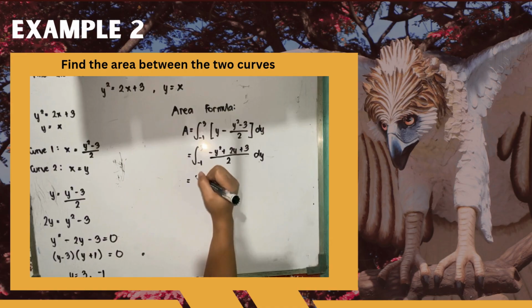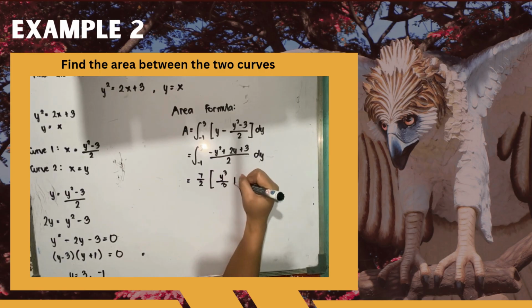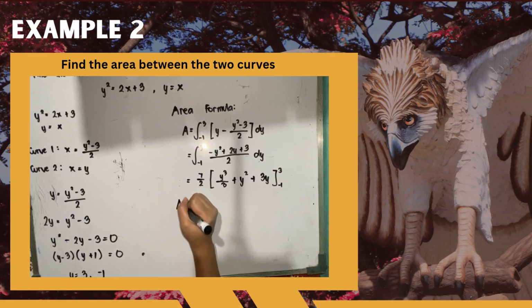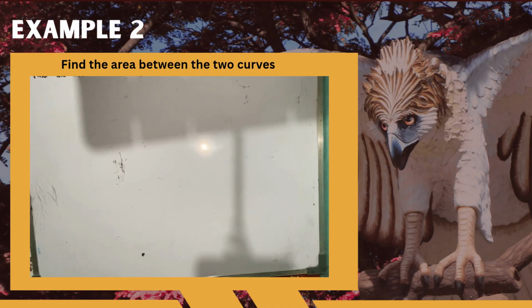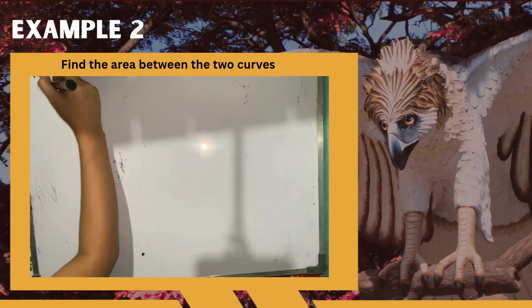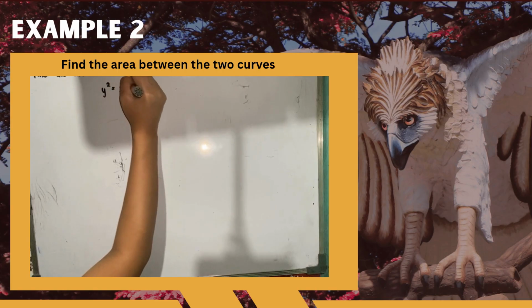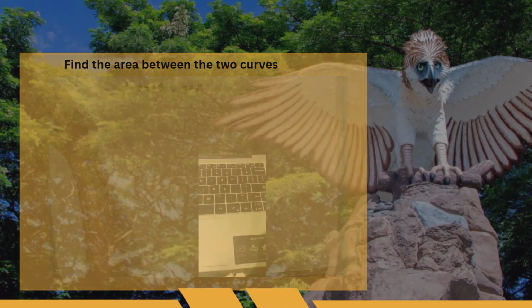So now let's integrate. One half times the integral of negative y squared plus 2y plus 3 dy, which gives one half times negative y cubed all over 3 plus y squared plus 3y. So we evaluate the limits, plugging in 3 and negative 1. So we have our final answer: A equals 16 all over 3.